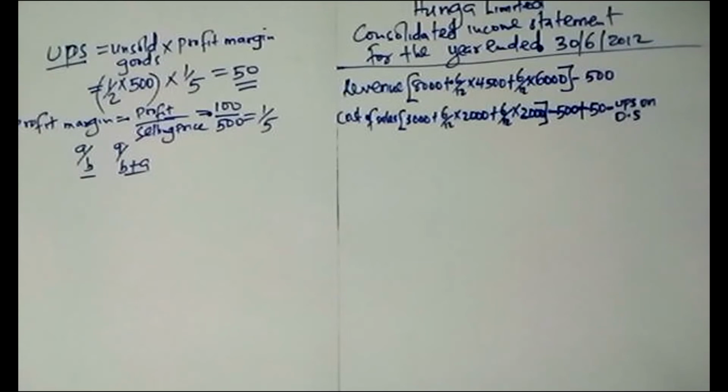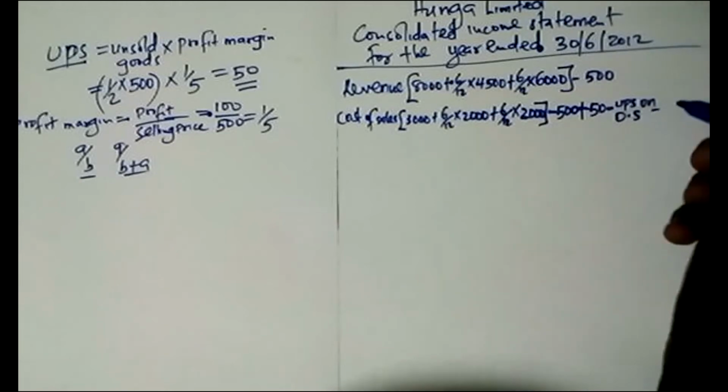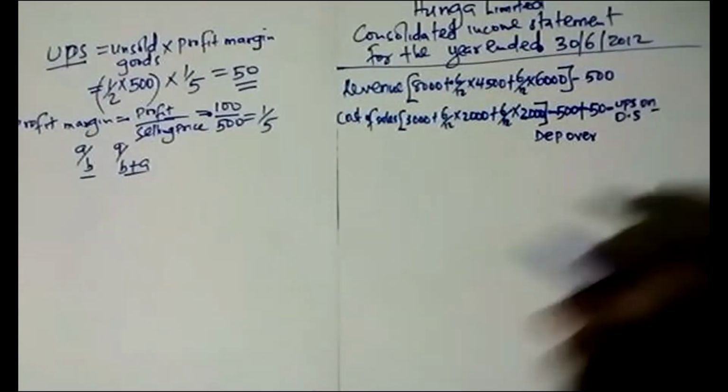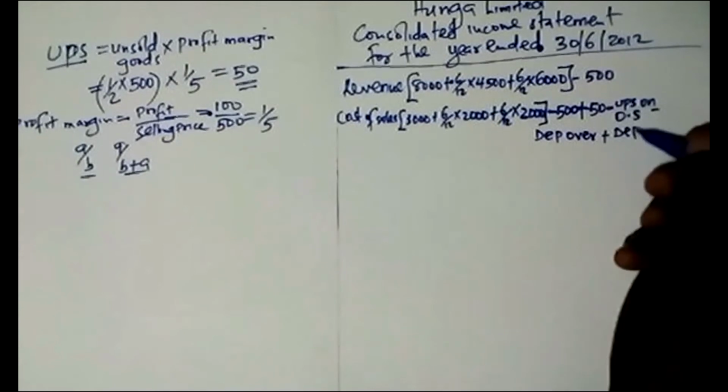Then after that, we need to check if there's depreciation undercharge and overcharge. Depreciation undercharge will be added, and the depreciation overcharge will be subtracted. So we say minus depreciation overcharge, then we add depreciation undercharge.